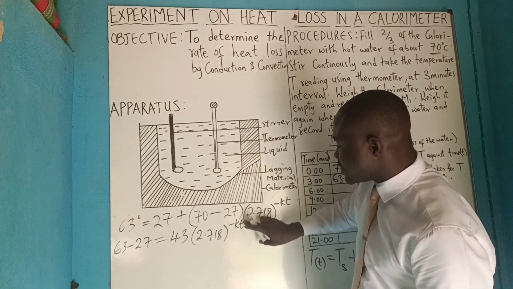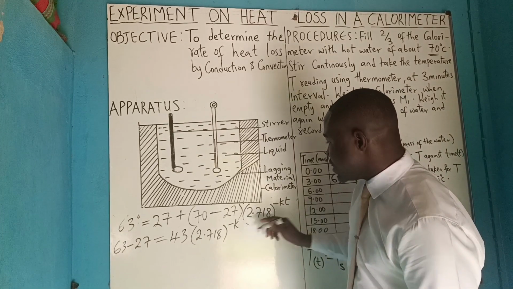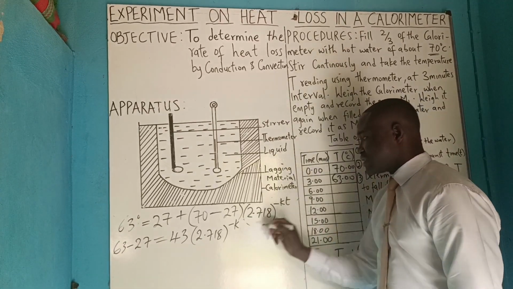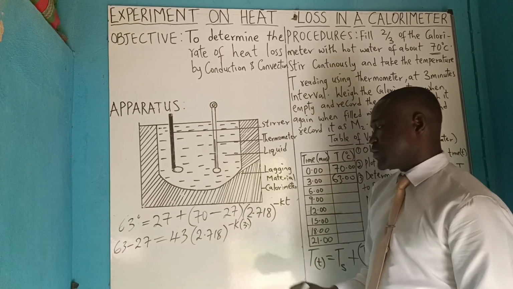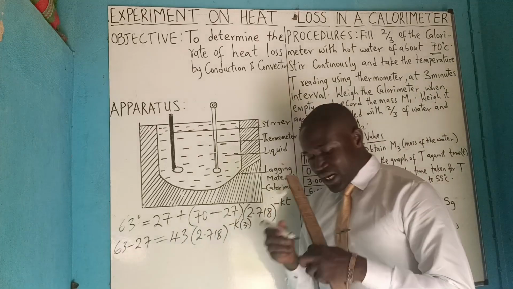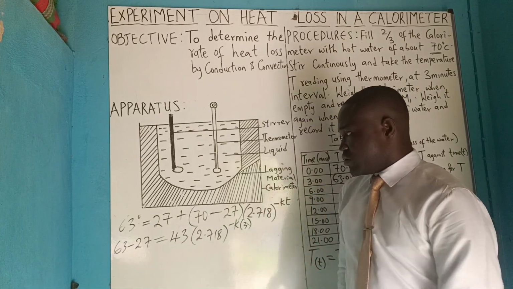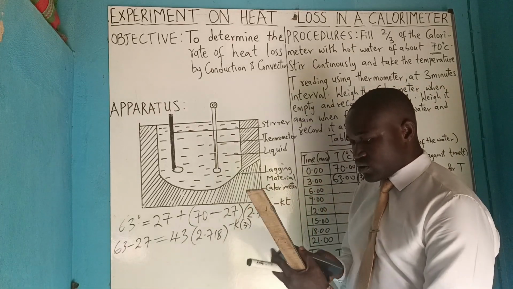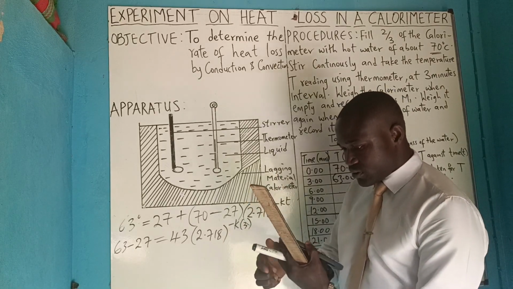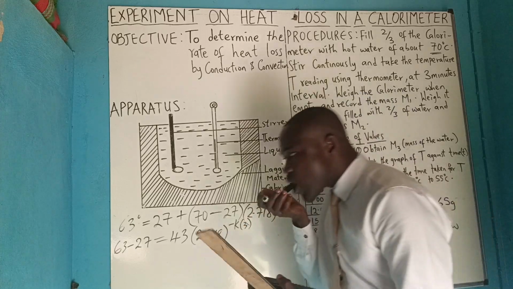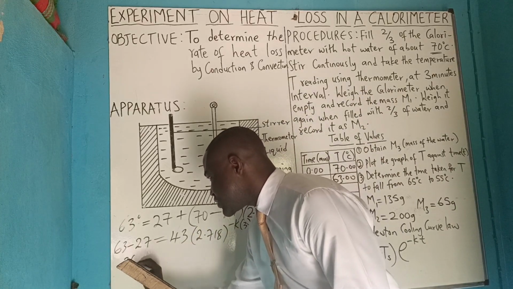And what is your t? Your t is the 3 minutes. Okay? And so 63 minus 27, you use your calculator to get it. 63 minus 27, you have it to be 36.